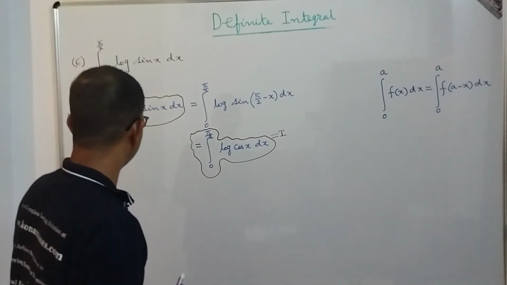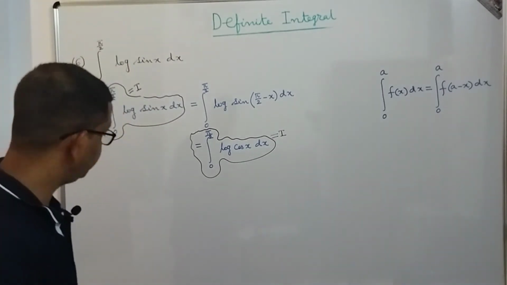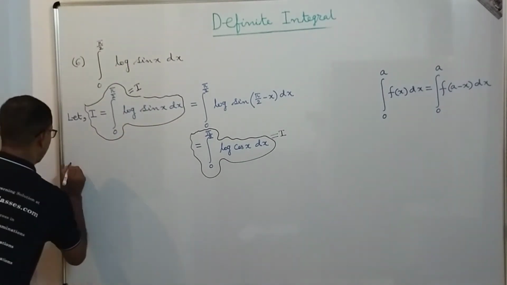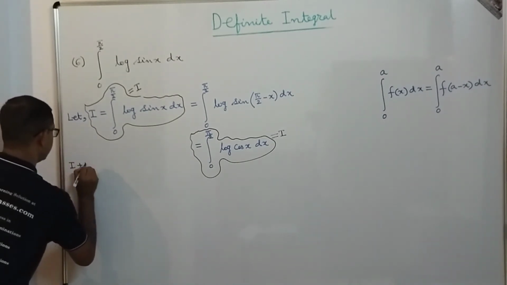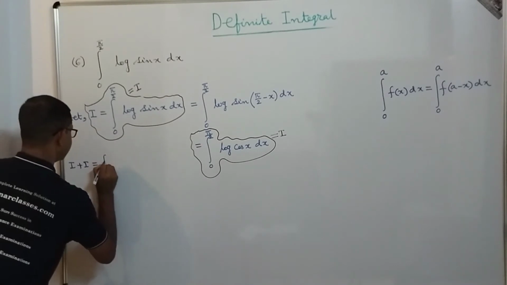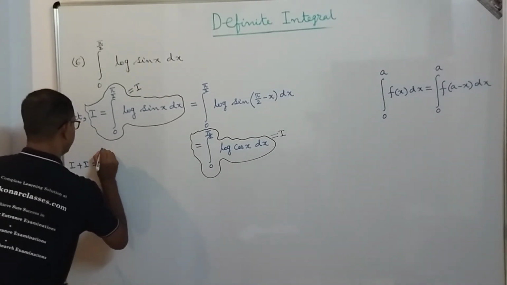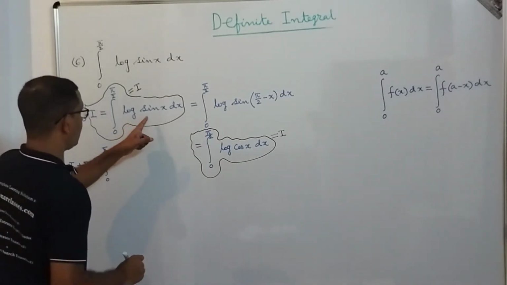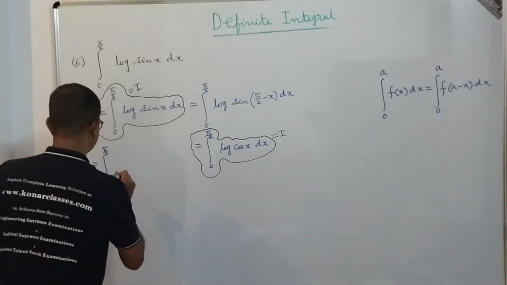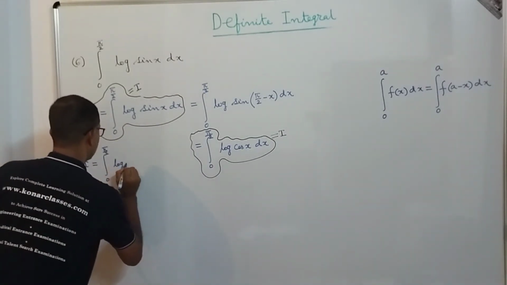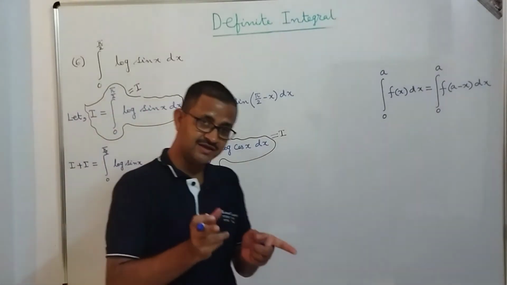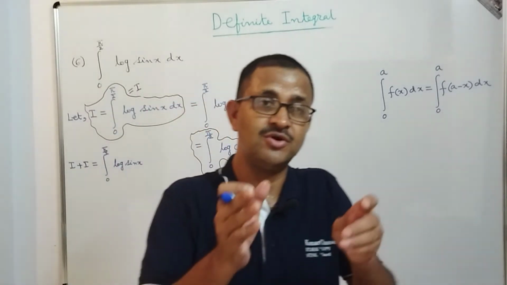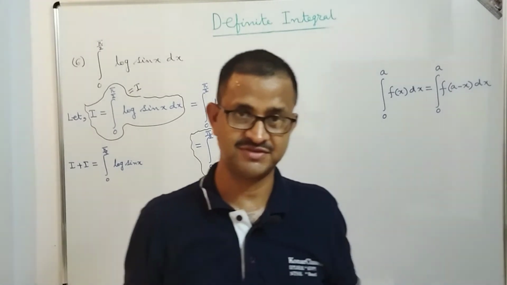If we add these two I's, let me do it here. I plus I is equal to the integral from 0 to pi by 2 of log sin x plus log cos x dx. Log of sin x plus log of cos x is equal to log of sin x into cos x.